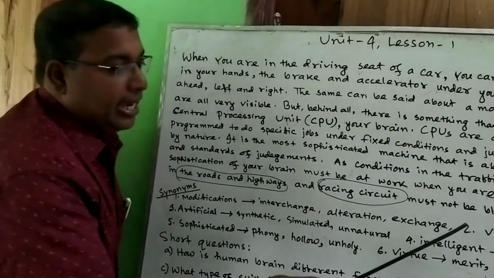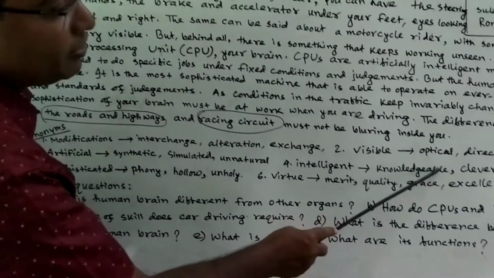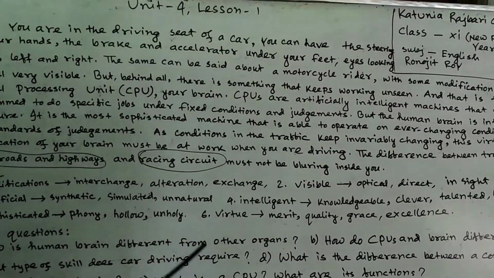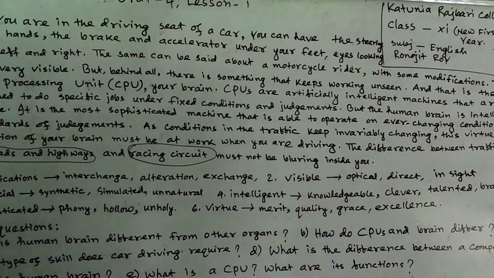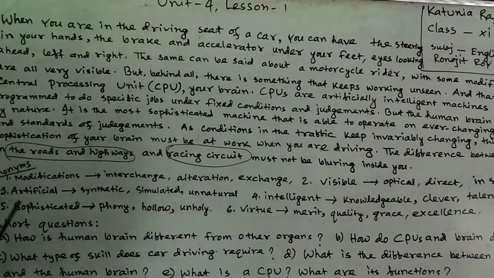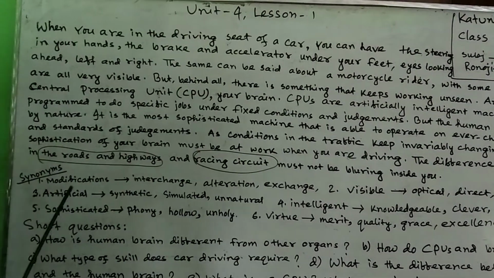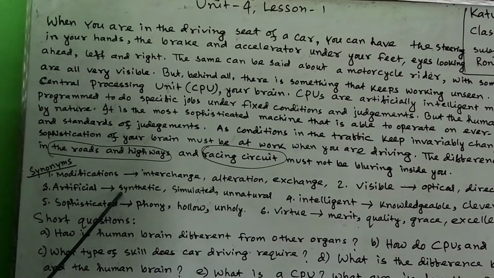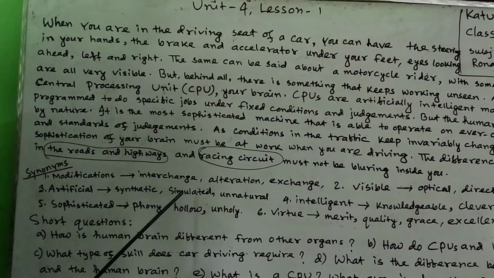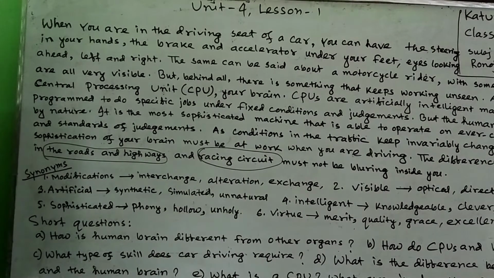Okay, then the second one is visible, that is optical, direct, inside. What is the meaning of visible, my dear students? Optical, direct or inside. Then artificial, that is not natural. We may call it synthetic, simulated, unnatural.